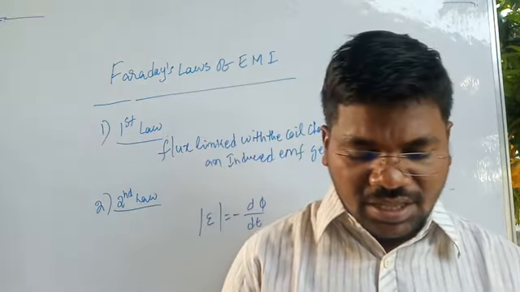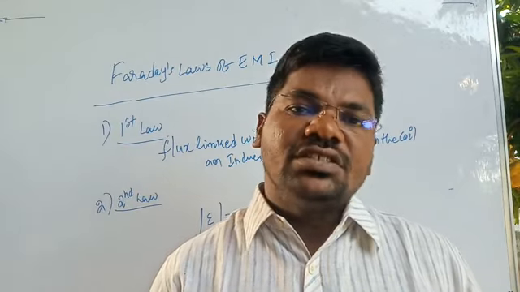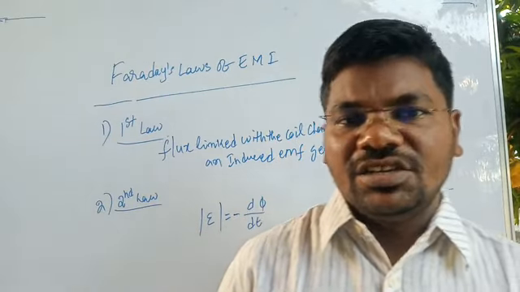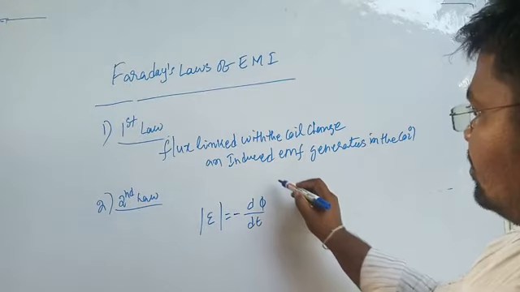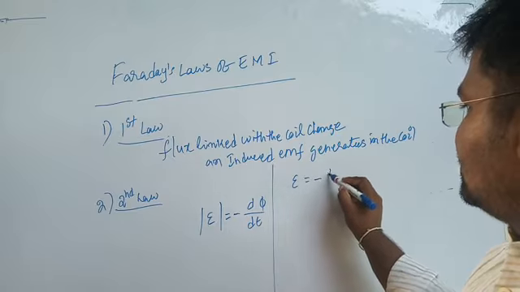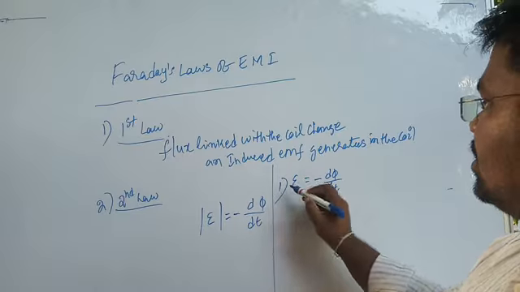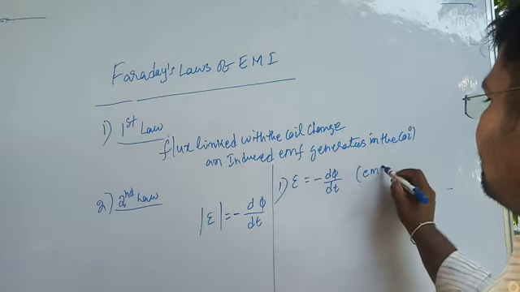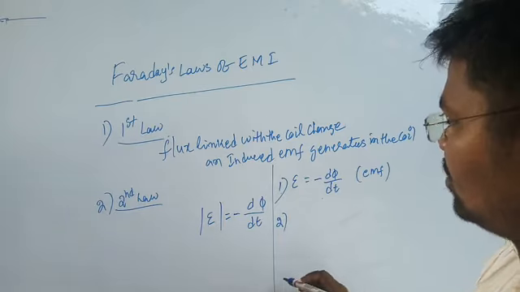We can find the induced EMF, induced current and induced charge. Understand? This is induced EMF: E is equal to minus d phi by dt. Okay, next, induced current. How can we find induced current?